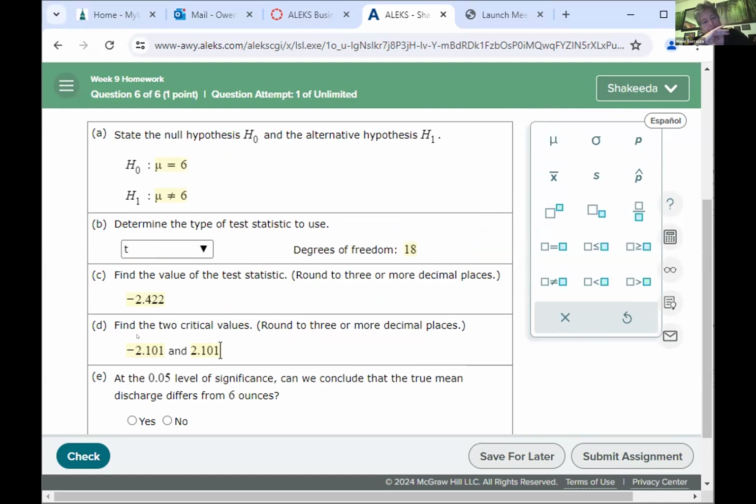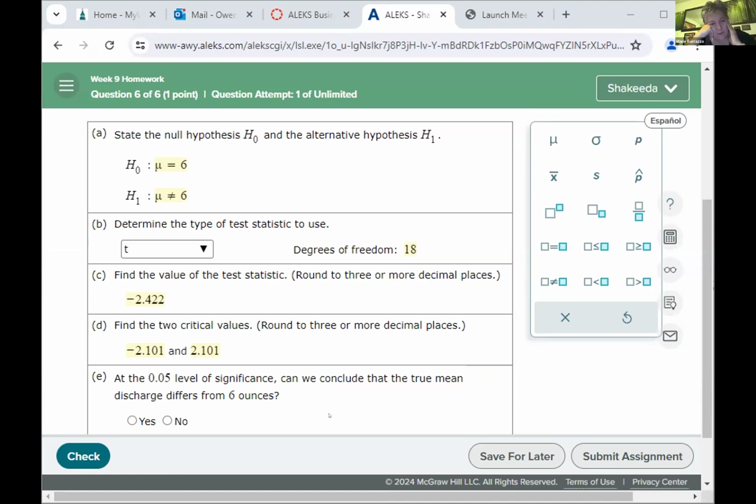Regardless of the negatives, even if they had no negatives, if the OV, which is 2.422, is greater than 2.101, it's bigger.